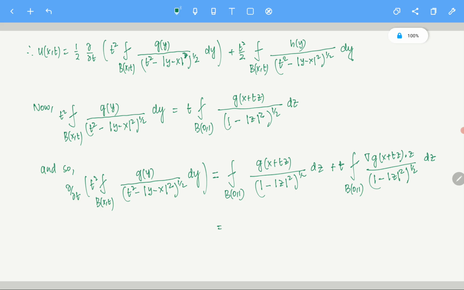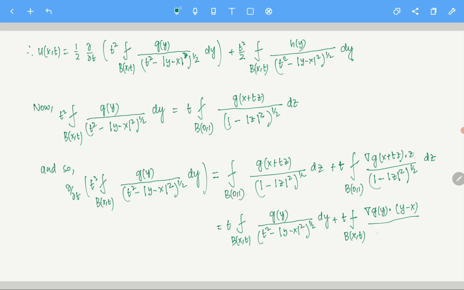So this is given by t times the average over B(x,t) of g of y by t square minus |y minus x| square, dy, plus t times the integral over B(x,t) of gradient of g(y) dot y minus x by t square minus |y minus x| square whole power half dy.